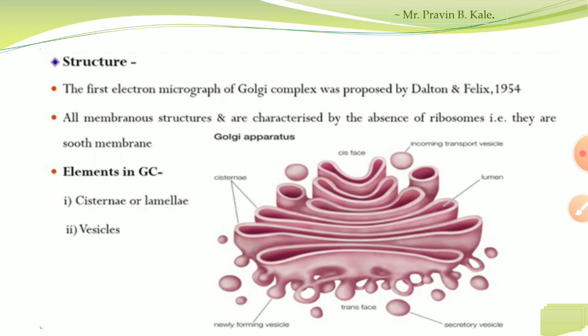Cisternae or lamellae are the most constant element of the Golgi complex, and they consist of flattened parallel sacs situated one upon the other to form stacks. The number of cisternae in the stack varies from species to species. The number of cisternae in a stack is about 4 to 5 in most animal and plant cells. In Euglena, the number may go up to 20.